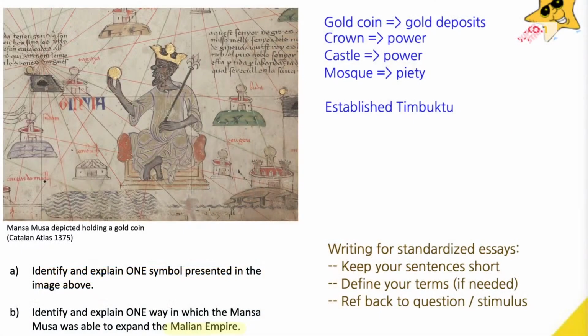Okay, so you can say that his Hajj allowed him to strengthen networks, and that did bring in more scholars to Timbuktu, more scholars from around the world. So he established Timbuktu, which was at that time the wealthiest city in the known world, in his known world.